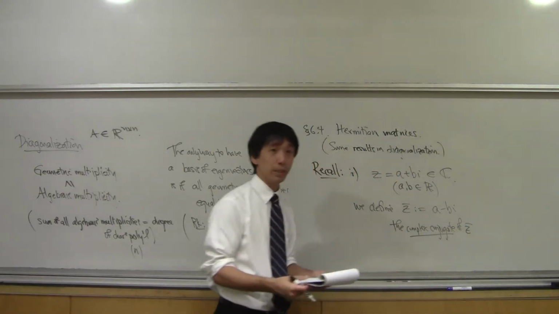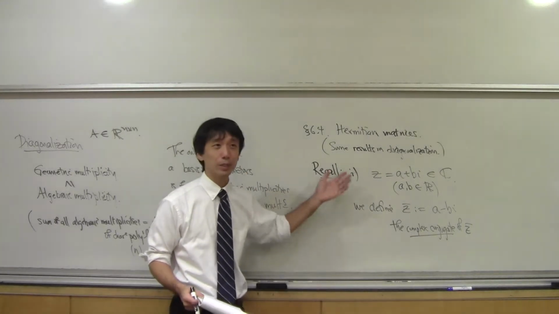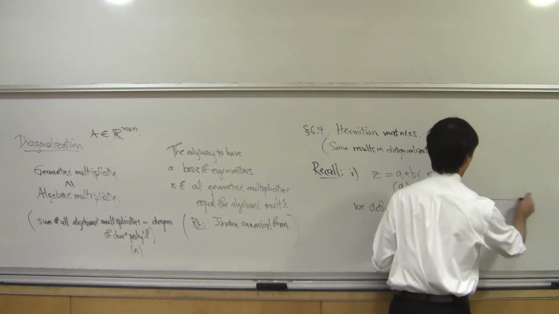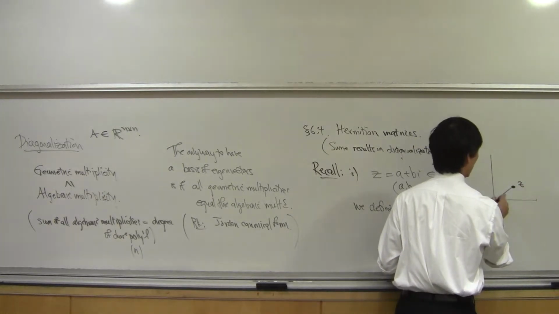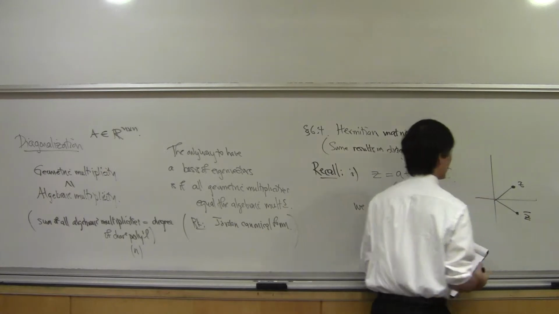We've seen that before, right? It's the reflection across the real axis, so you've got z, you've got z bar.